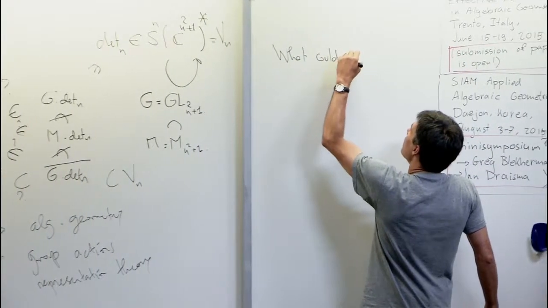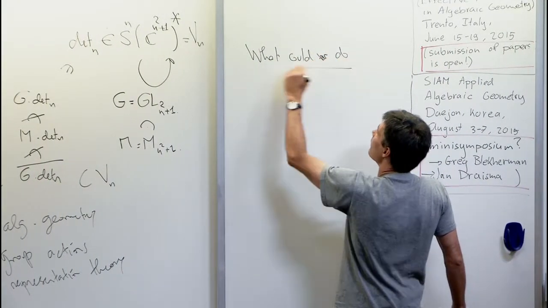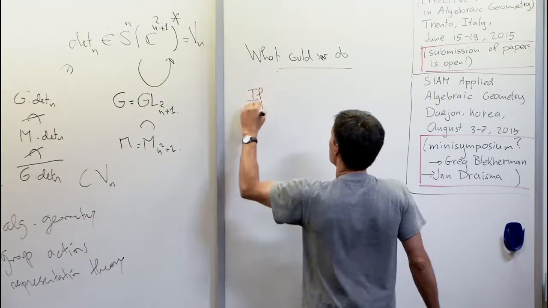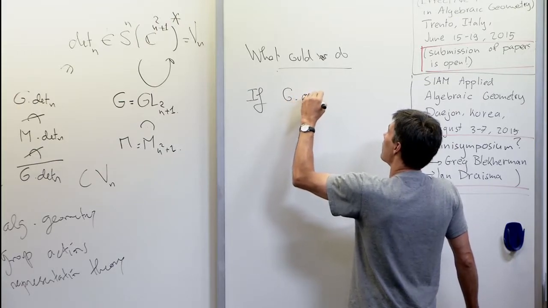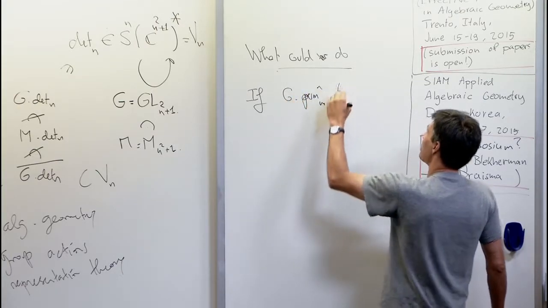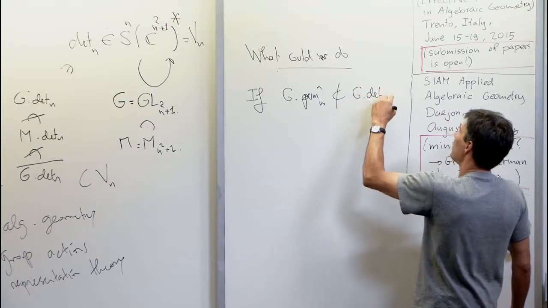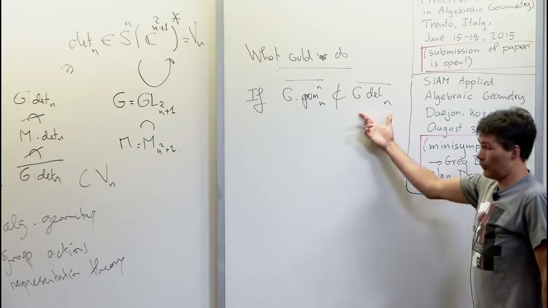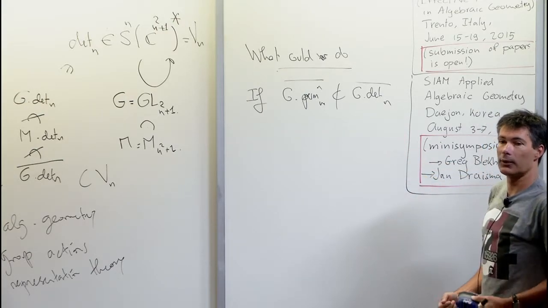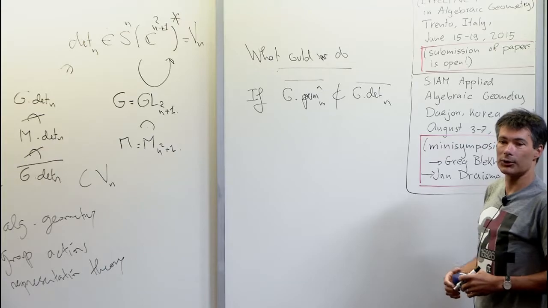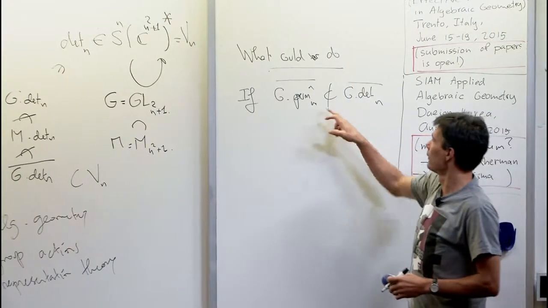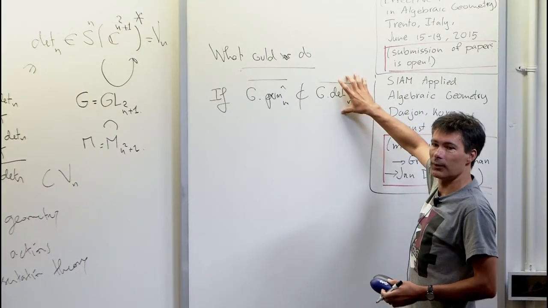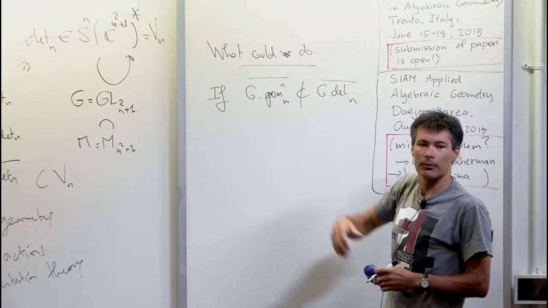The most obvious thing would be to say that if we don't have this inclusion, then, since these varieties are defined by the set of polynomials that vanish on them, the polynomial equations, this would mean that we can find a polynomial which vanishes on this one but does not vanish on this one.